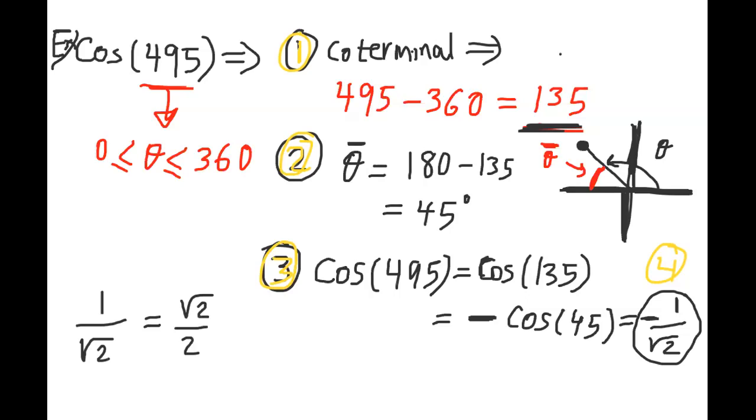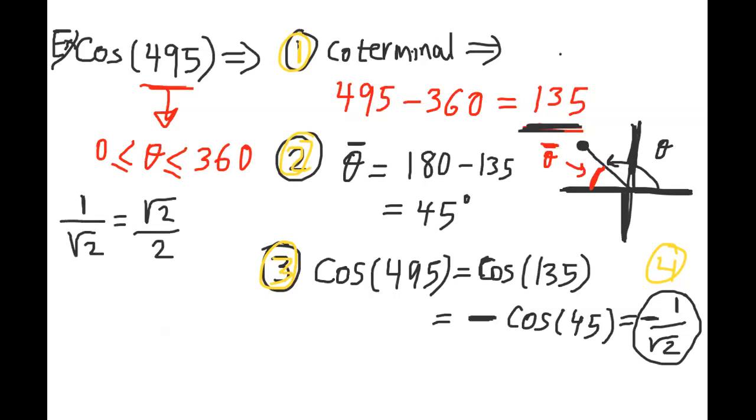Because we multiply by square root of 2 over square root of 2, which is actually multiplying by 1.